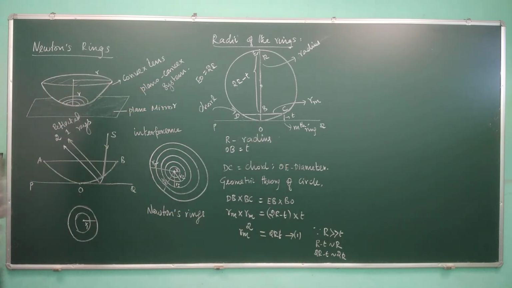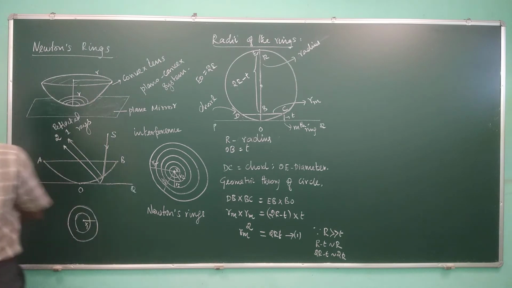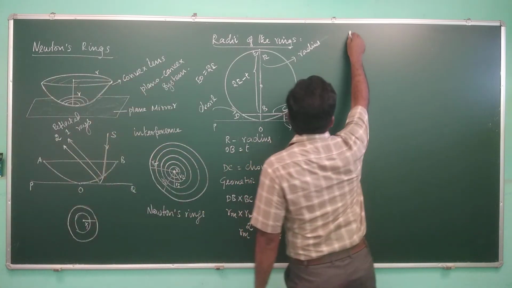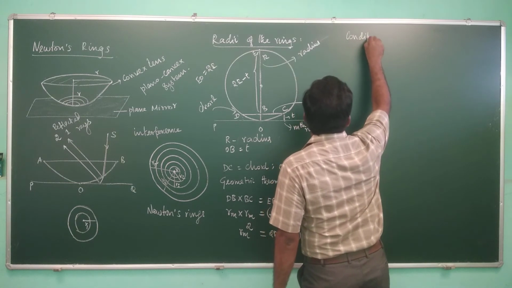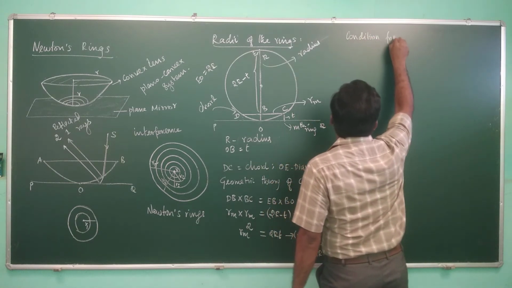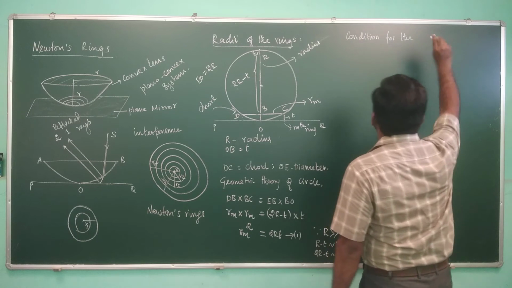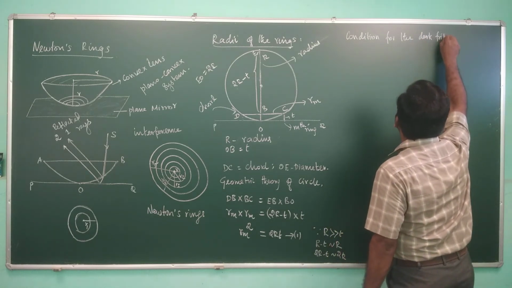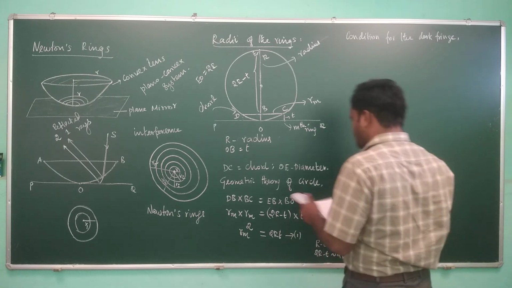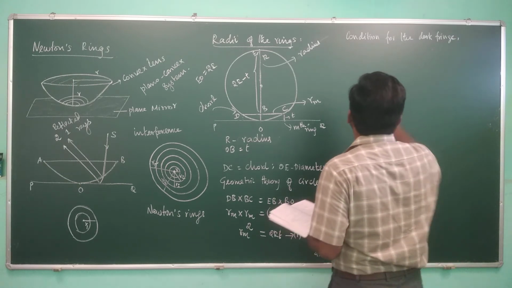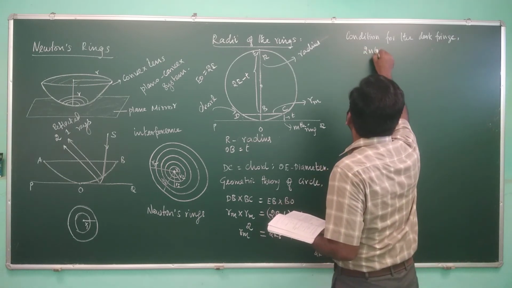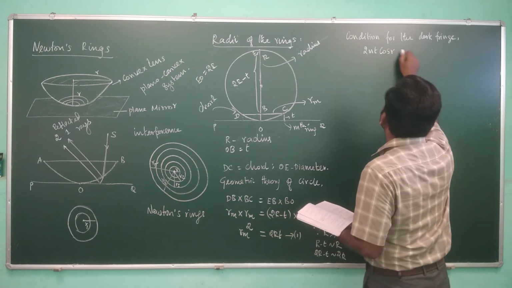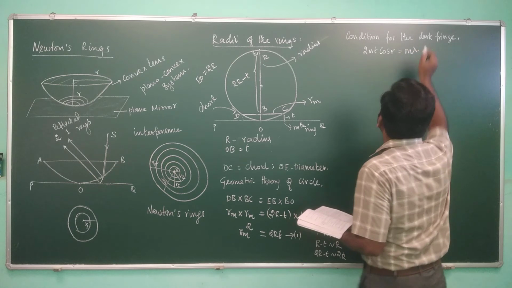Now from our earlier discussion, let us recollect the condition for the dark fringe. The condition for the dark fringe is 2nt cos r equal to m lambda.